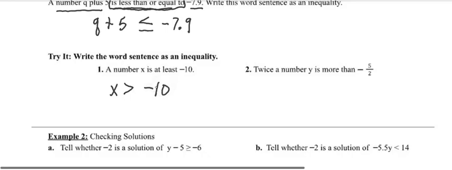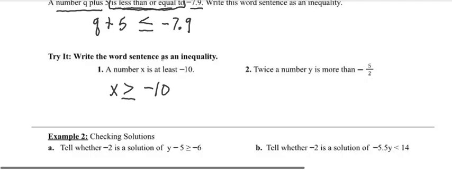A number X is at least negative 10. Yeah, with the line underneath it, because we talked about "is at least" being greater than or equal to. A number X is at least negative 10. All right, anybody else get that when you did it? Awesome. Are there any questions on that?